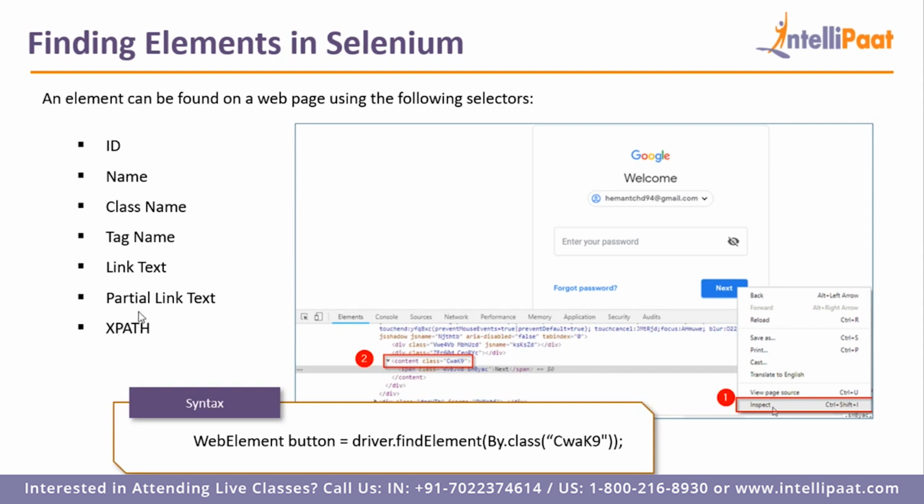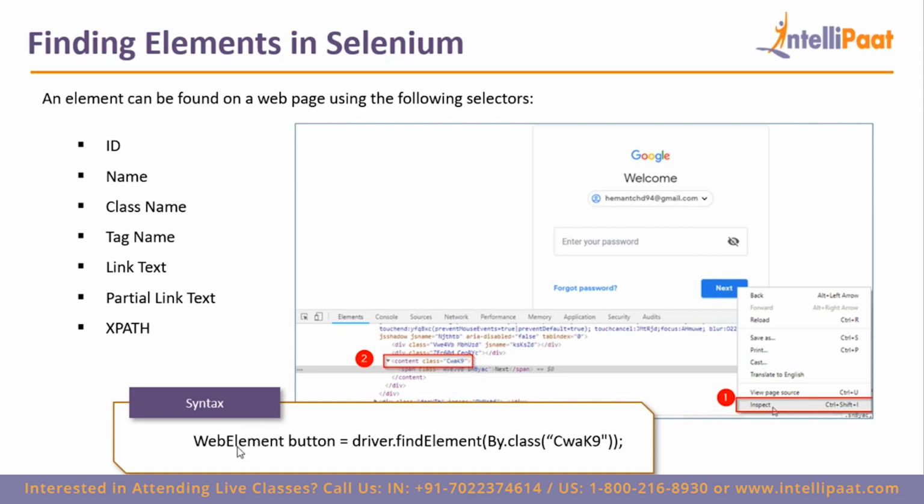For example, over here you can see this is a Gmail web page, and we were inspecting the next button listed over here. We right clicked on the next button, clicked on inspect, and then this code opened. In this code, we recognize that this particular button has a class of the type CWAK9.